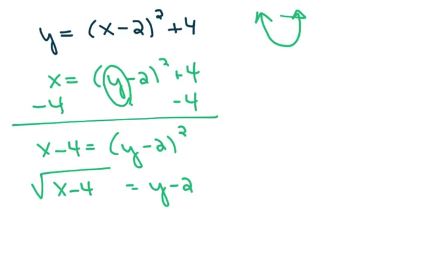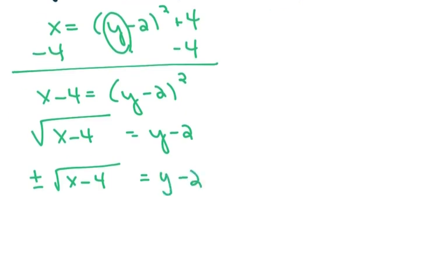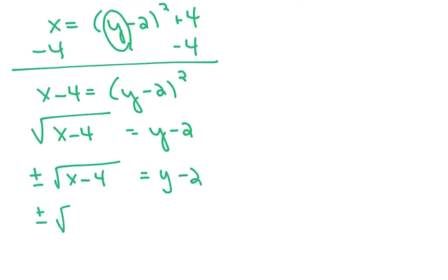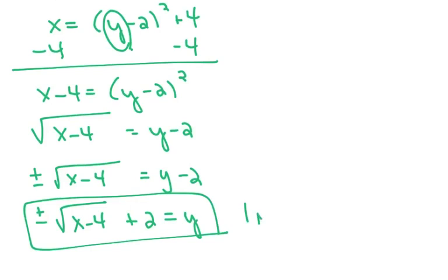Then I can add the 2. But when I add the 2, I cannot put it underneath that square root sign. I need to make sure it's outside of it. And my other favorite part, you need to put a little plus or minus sign in front. And then I'm going to get plus or minus the square root of (x minus 4) plus 2. And that is the equation of the inverse.